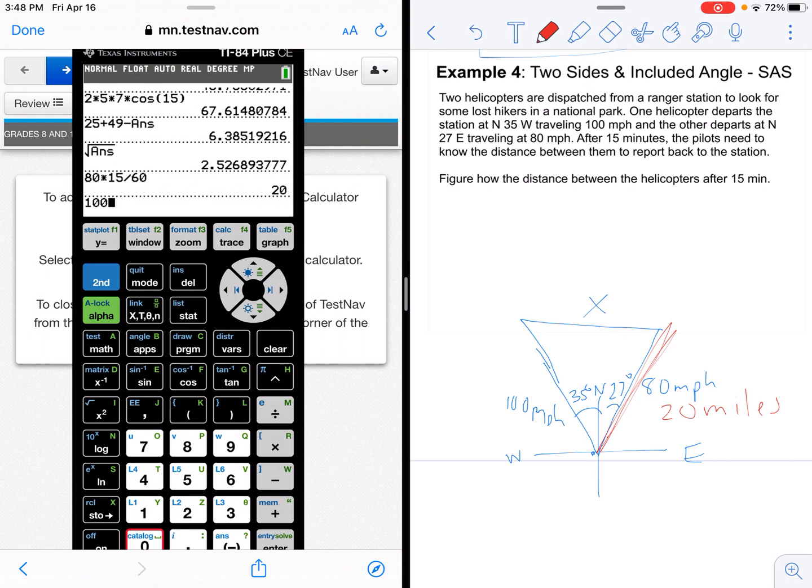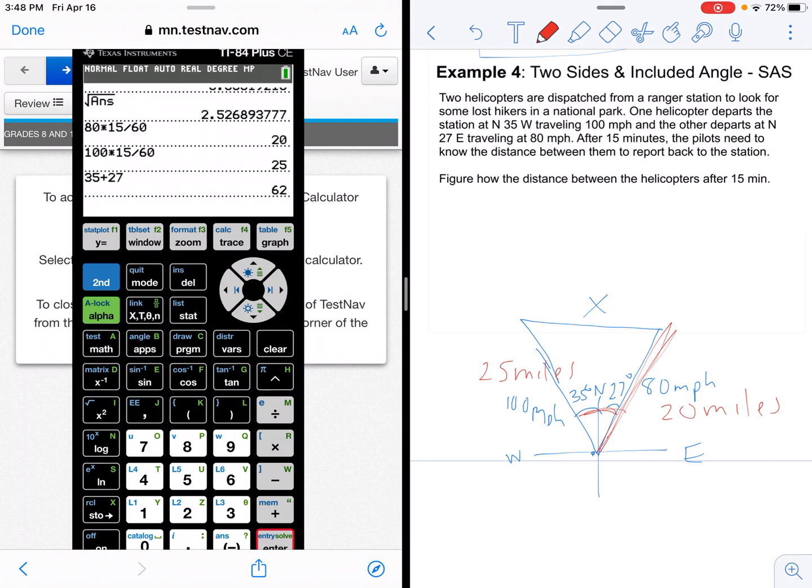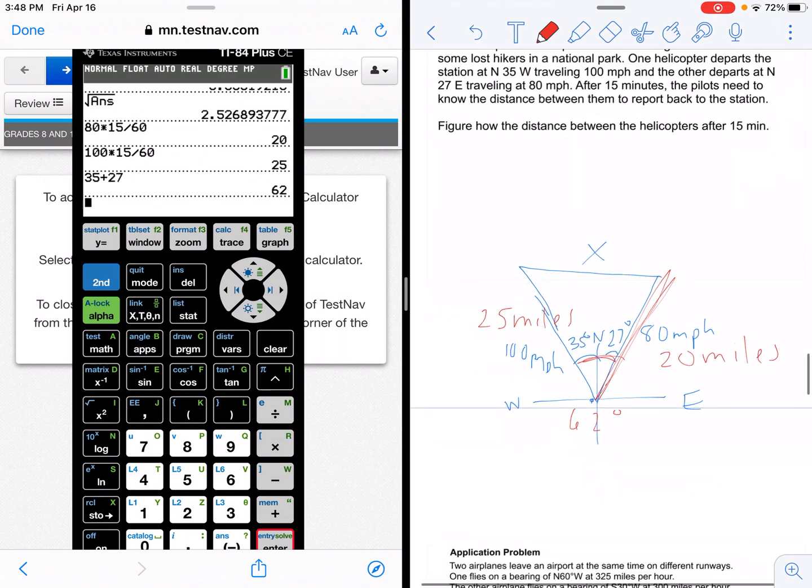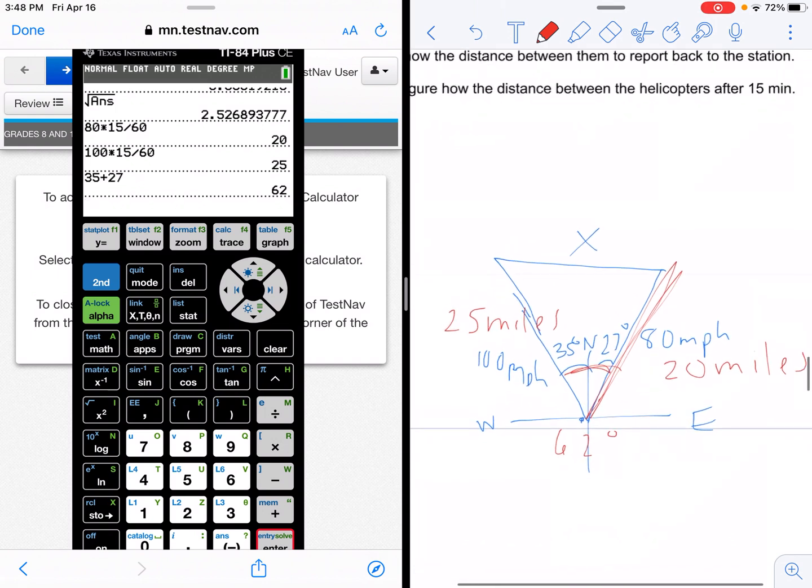We got 100 miles per hour, but we're just going 15 out of 60 minutes, and so that's 25 miles. So now we have those distances, and we can add these two angles together to find out the whole angle, 62. And then now we're ready to set up our law of cosines.